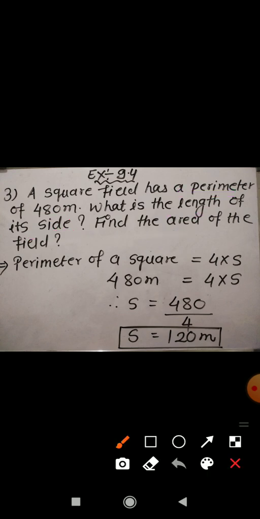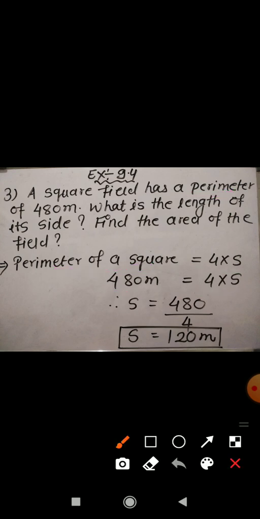Now which formula do we have to use here to find the length of the side of a square field? See, since the perimeter of a square field is given to us, here we can use the formula of perimeter of a square. And perimeter of a square is 4 times side. Now perimeter is 480 meter. So 480 meter is equal to 4 into side.